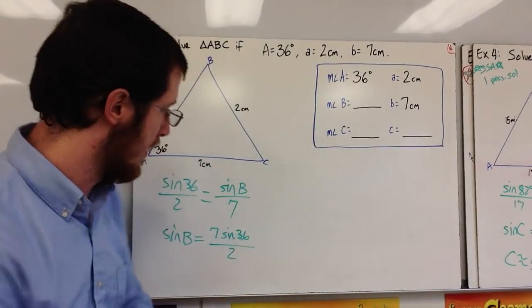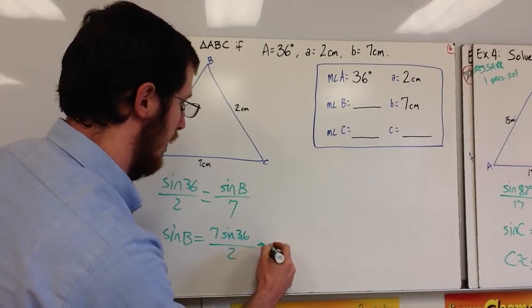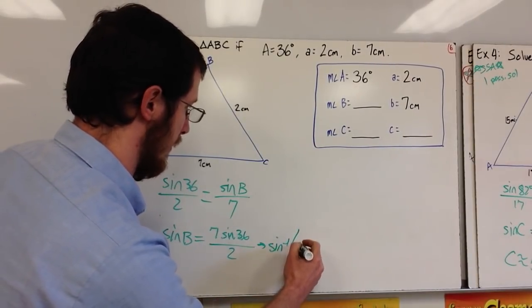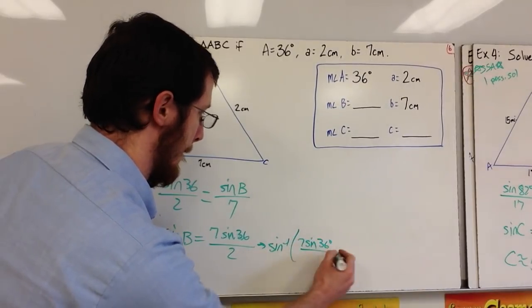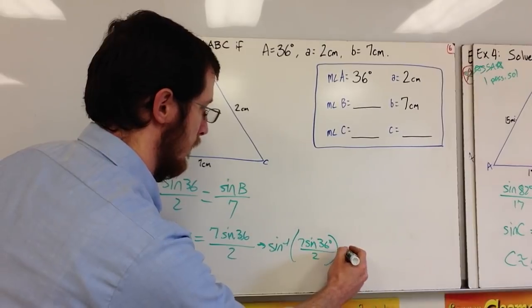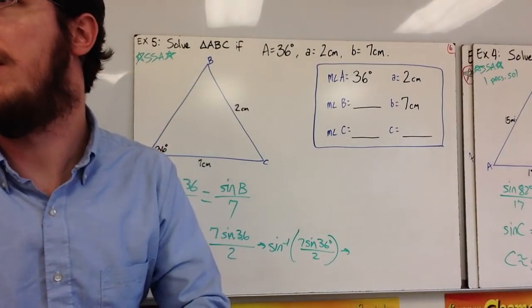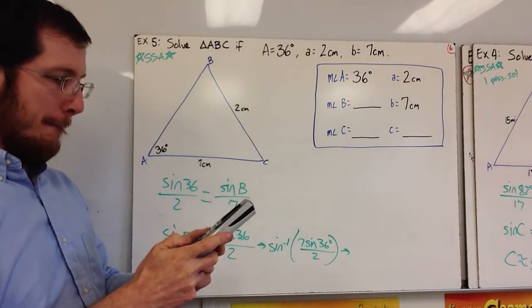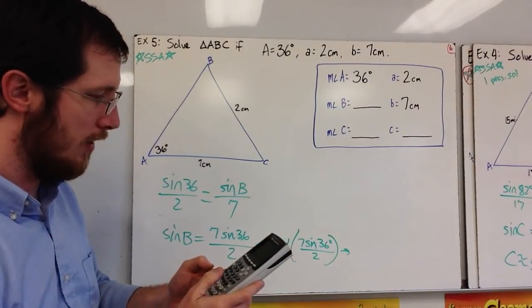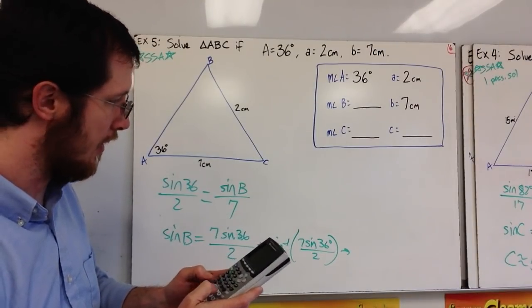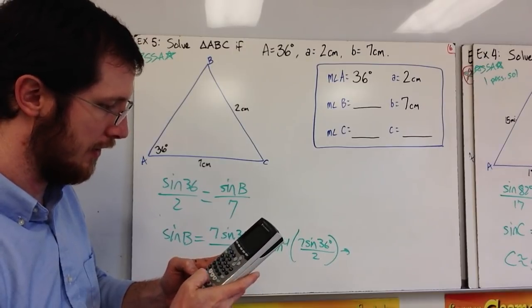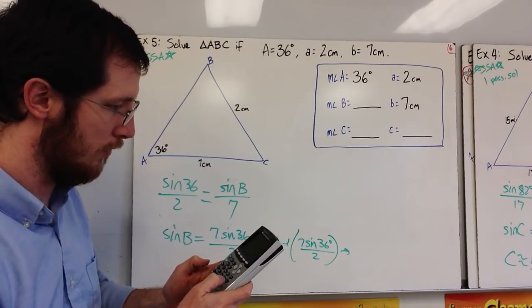Okay, so if we put that in our calculator, if we actually put the inverse sine in our calculator, okay, let's do that. Okay, so inverse sine of 7 sine 36 over 2.